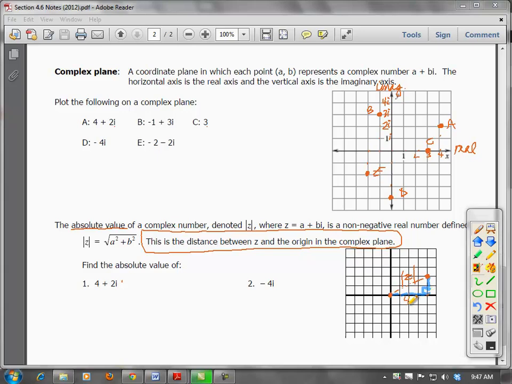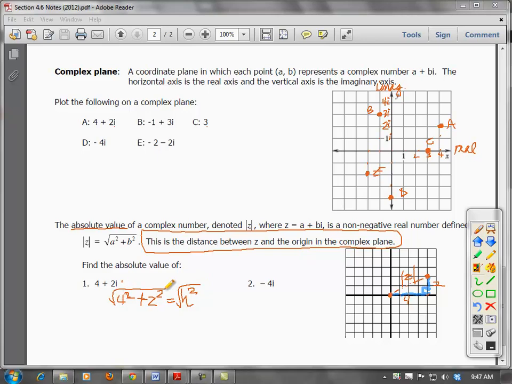So this has a distance of 4, and up has a distance of 2. So we end up saying 4 squared plus 2 squared equals our z squared, or whatever you want to call it, equals the hypotenuse squared. I'm going to call it h for a second, hypotenuse squared, and we square root.